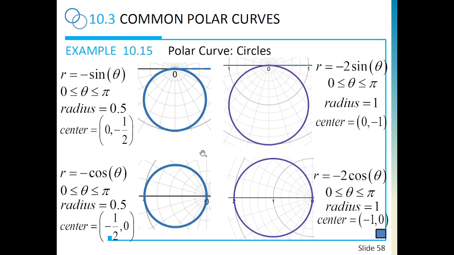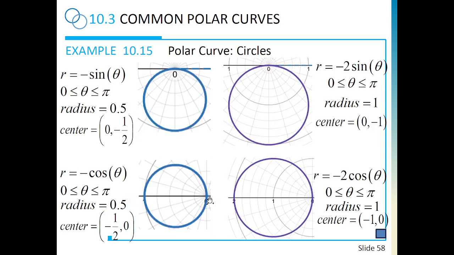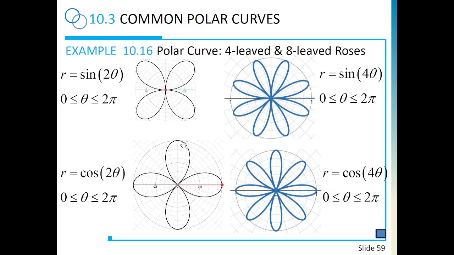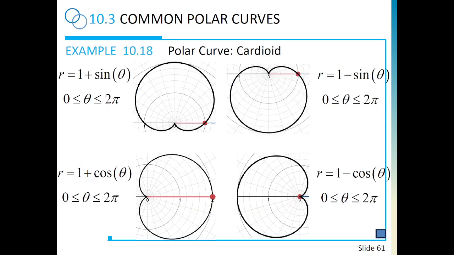Minus cosine, so we had cosine on this side, minus cosine flips to the negative side. And again, sine 2 theta, these curves with 4 leaves, and 3 leaves and 5. So essentially this is just a summary for us to see.